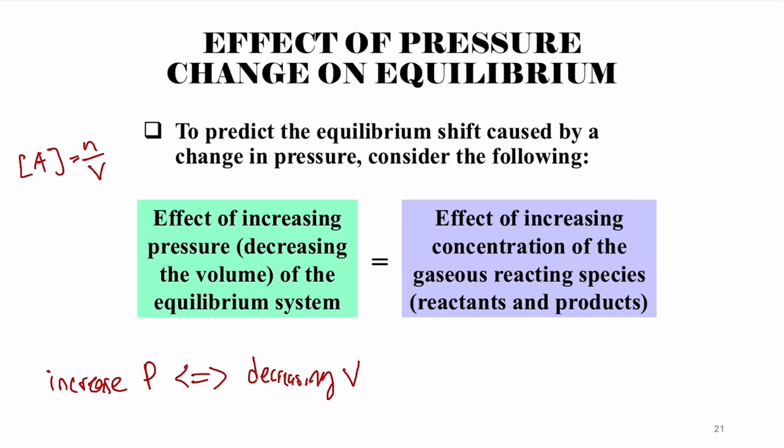It increases, right? Because the concentration is inversely proportional to the volume. So if we decrease V, that's like increasing the concentration of whatever that species is. So I'll put that over here. N over V. If this goes down, then the concentration is going up. So that's why these two things are equivalent to each other.